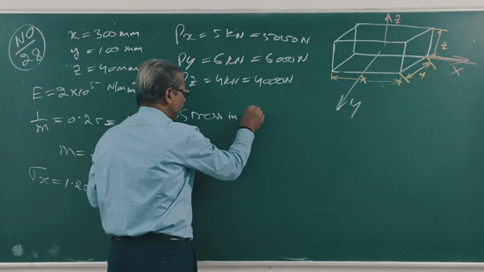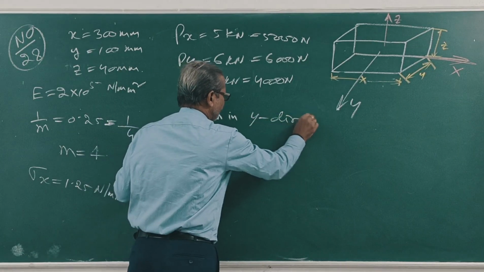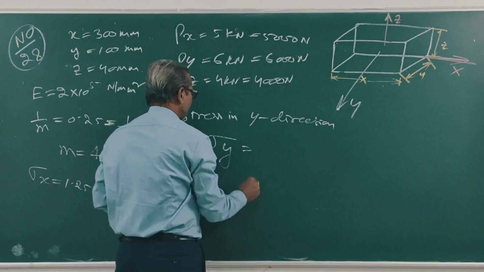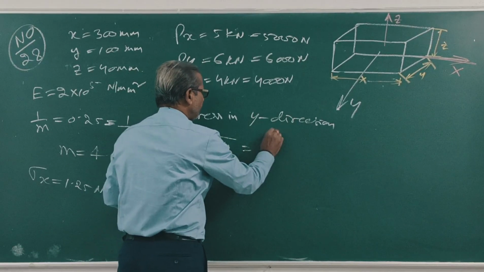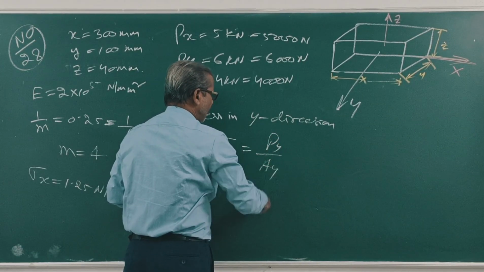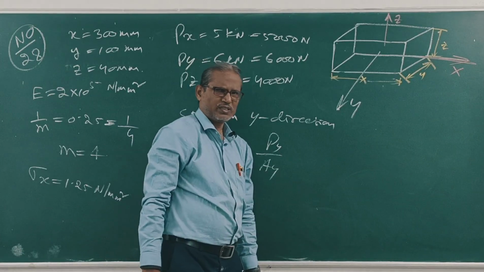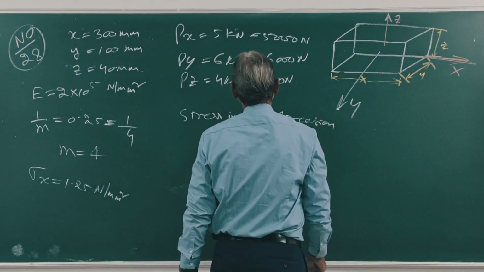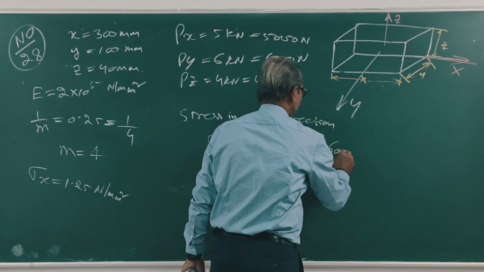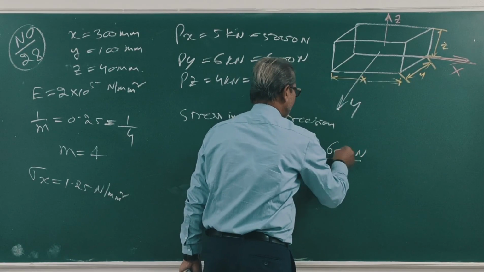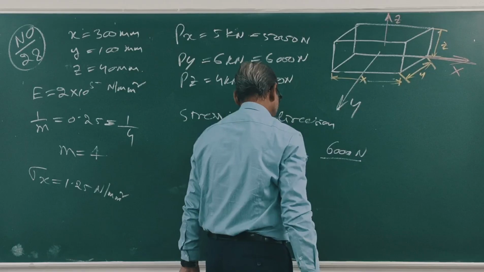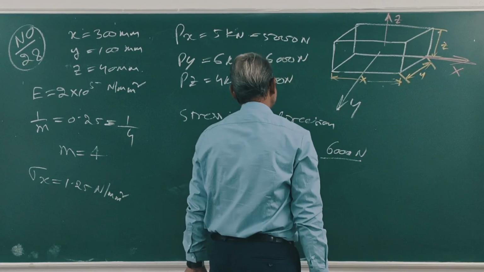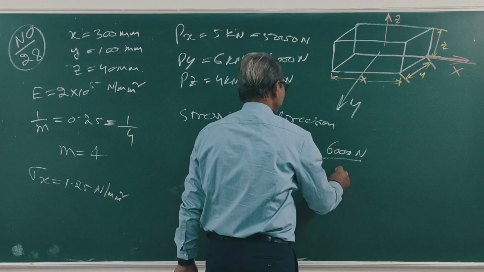Stress in y direction. Sigma y is equal to Py by area in y section, y axis. What is Py? 6000 Newton by area along y surface, XZ.